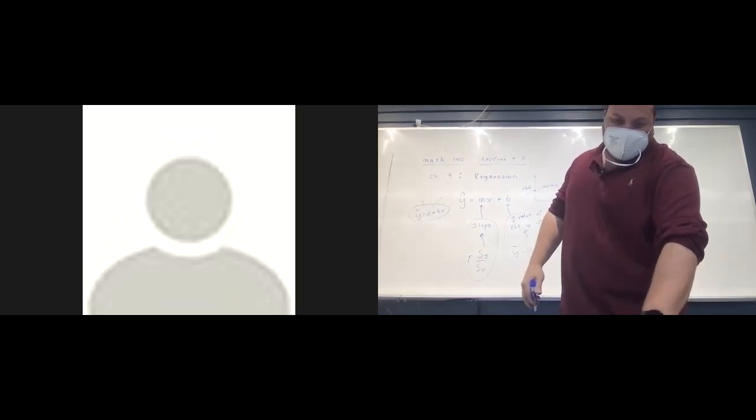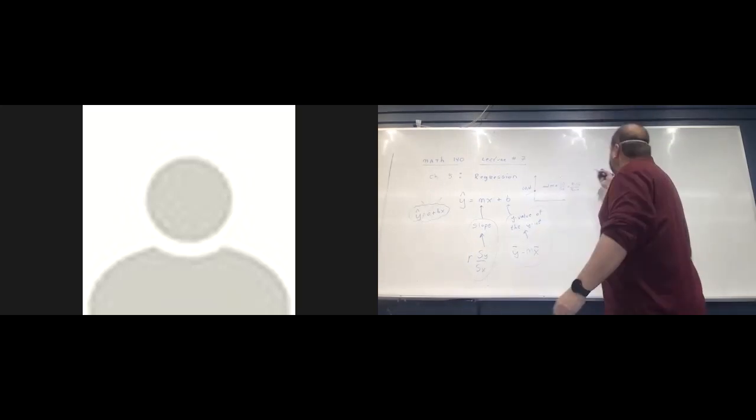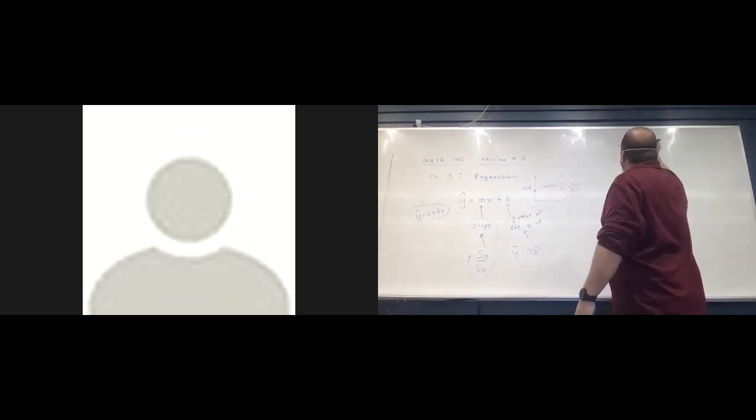So we have data on the lean body mass and resting metabolic rates for 12 women who are subjects in a study of dieting. So we have lean body mass given in kilograms.